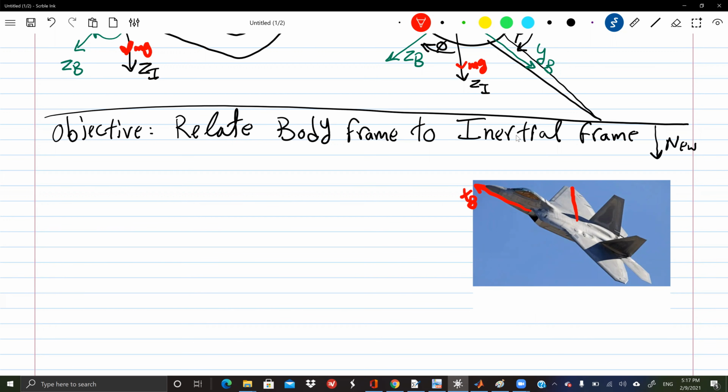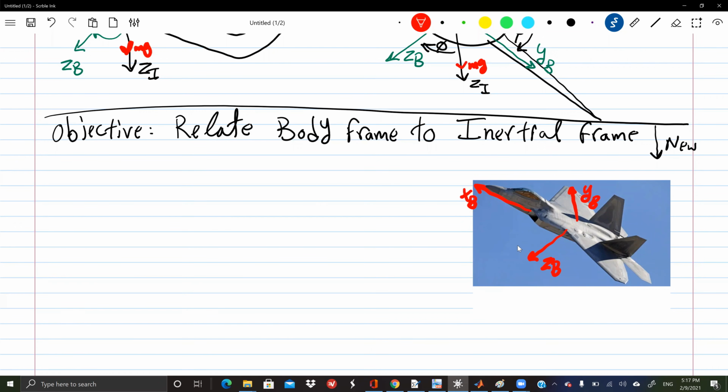And this is along the span of the wing. This is Y body. It's not vertical. Okay, it's 3-dimensional. And this is Z body, right? These are the axes of the body that rotate with the body. And I'm given this attitude, I'm given this picture. I don't know how the body arrived at this attitude.